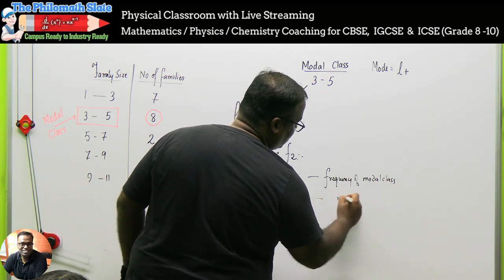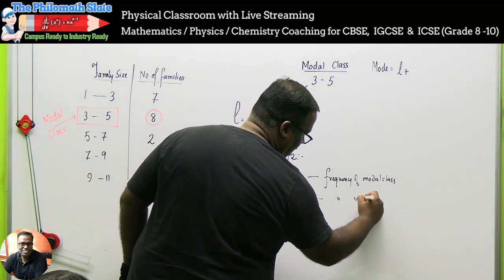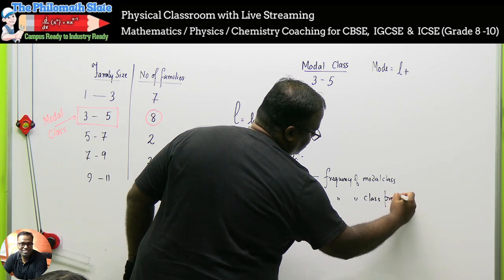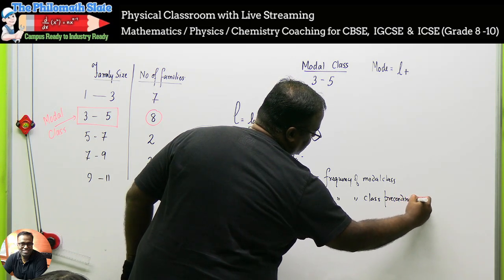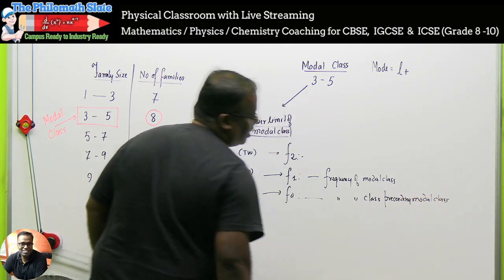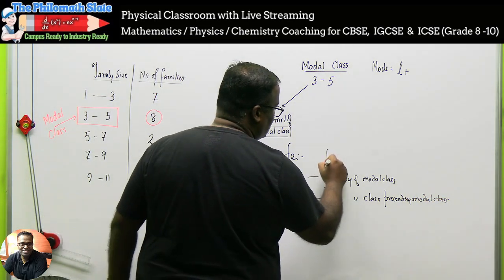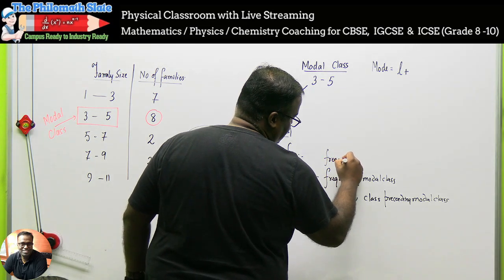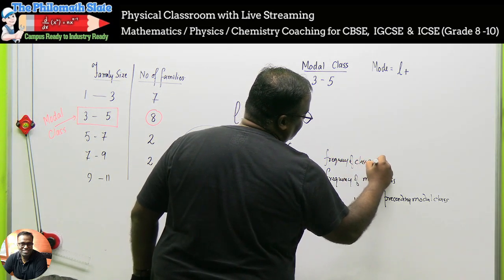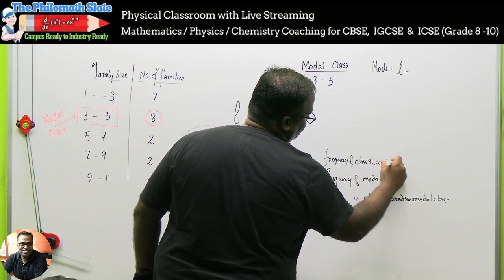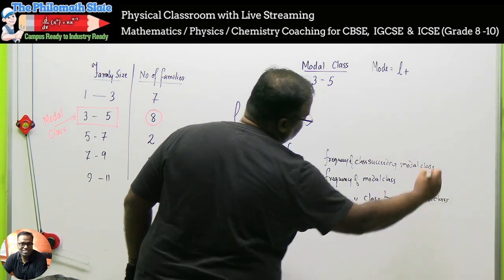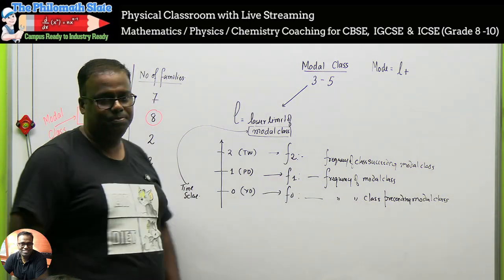F0 means frequency of class preceding modal class. And F2 should be frequency of class succeeding modal class. Have we understood? These 3 data we now have.